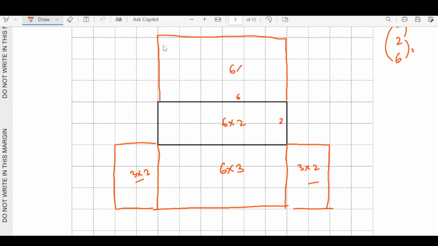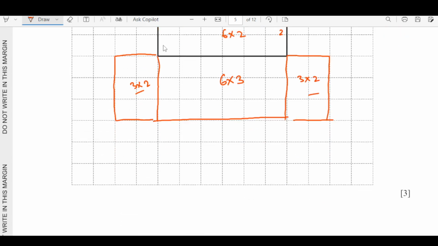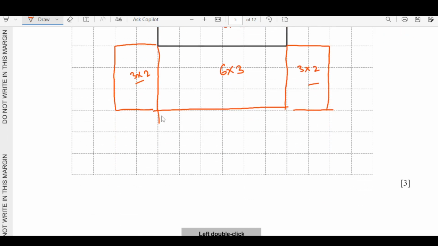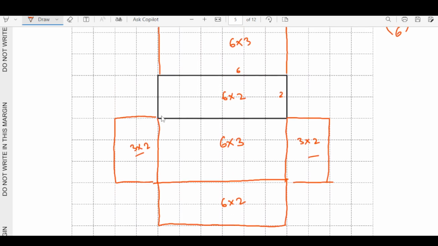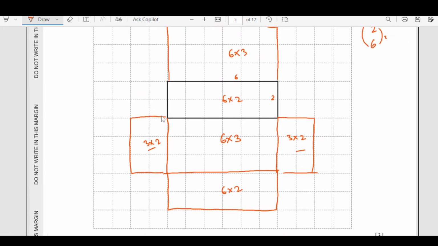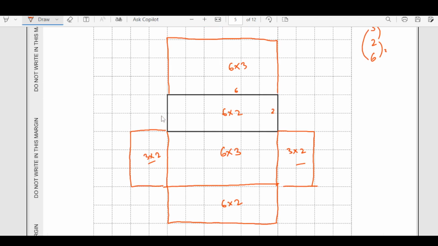So this is 6 by 3. Now we are left with 6 by 2 here: 6 is there, 2 is going to be here. So you see, now every dimension has come twice. This is the net that you can see.